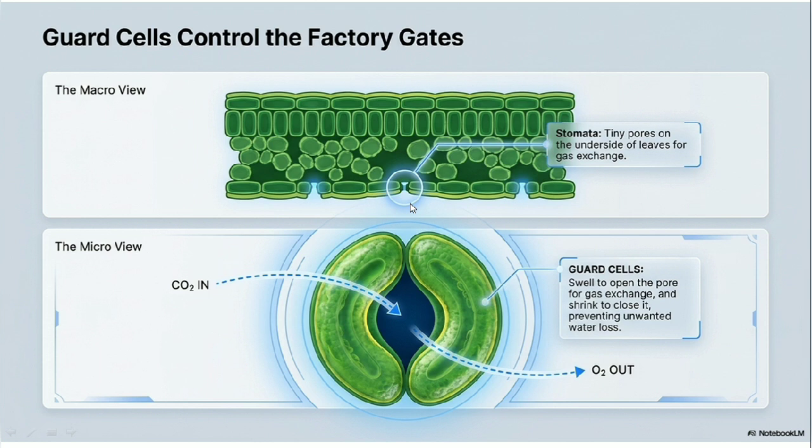The same process is happening: taking in carbon dioxide and releasing oxygen. The guard cells swell to open the pore for gas exchange and shrink to close it, preventing unwanted water loss.